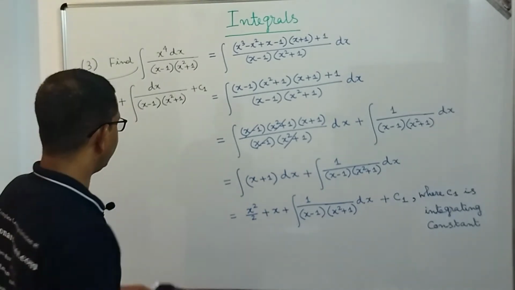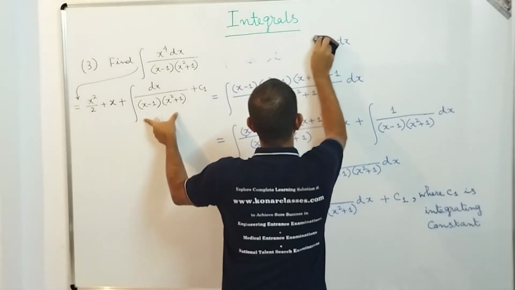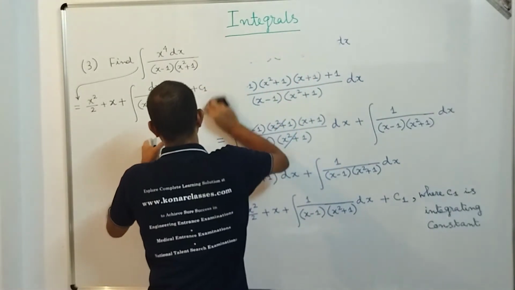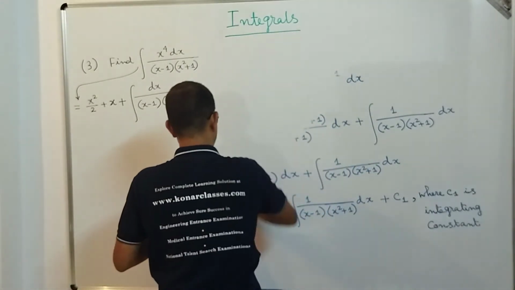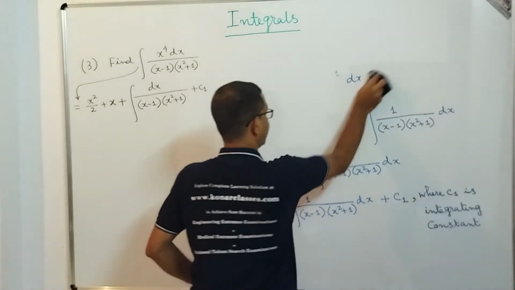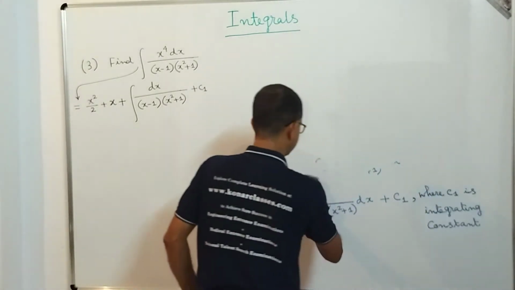Now, dear students, I hope you got the idea of how to perform this integration, that is dx by x minus 1 into x square plus 1. This comes under the category of partial fractions, right? So what to do, dear students?